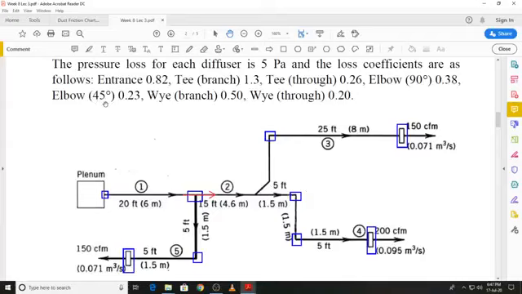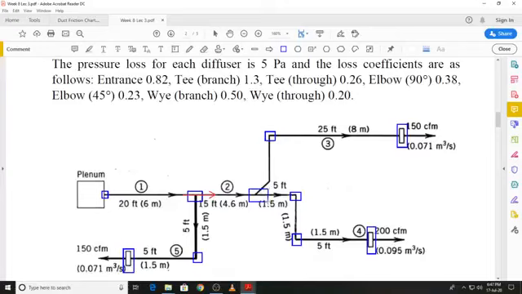Then there is also a 45-degree elbow for which the loss coefficient is 0.23. I will come to that. Before that, we have two more loss coefficients, Y branch and Y through. So Y connection is what you can see over here. I will again mark it out.